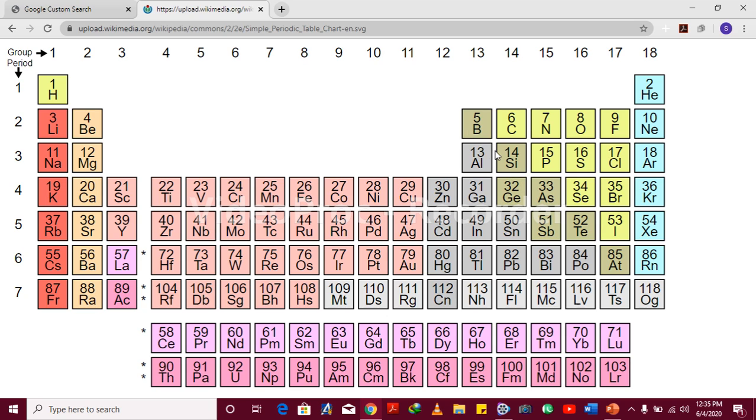Here the brownish color indicates the metal elements. But they have some metallic character. The two elements, mercury and bromine, are totally in liquid form.